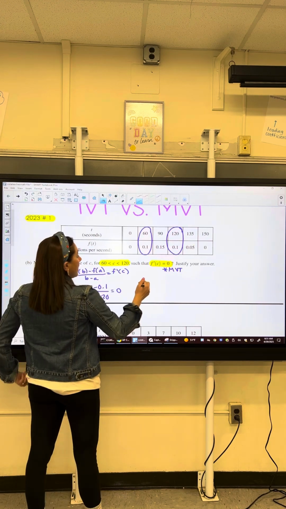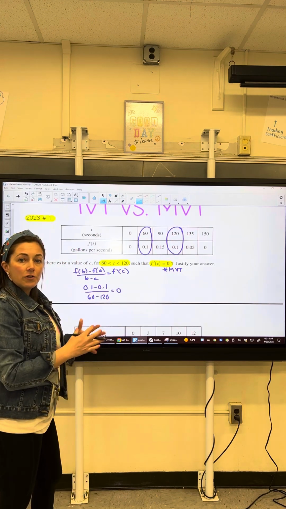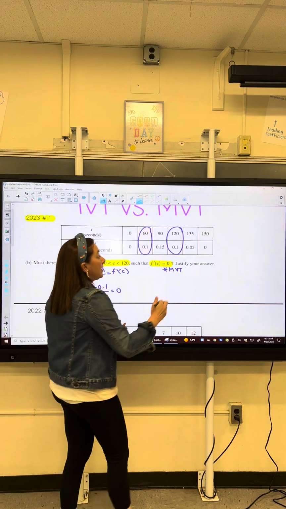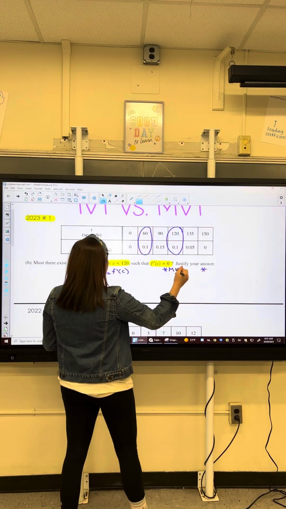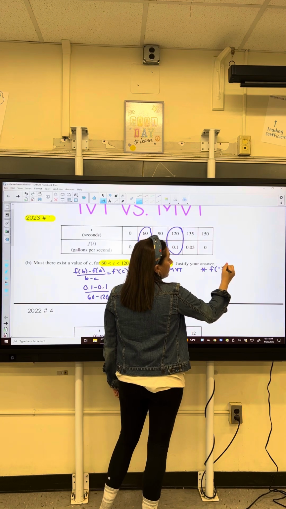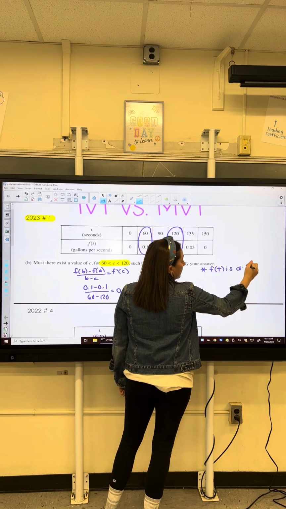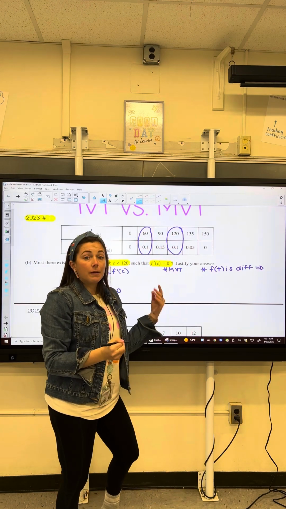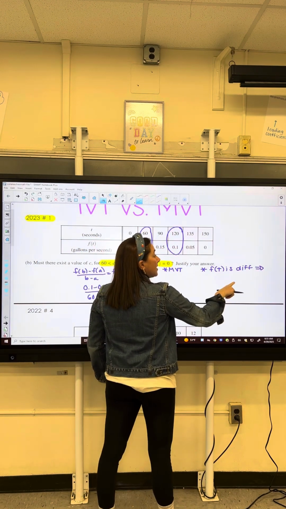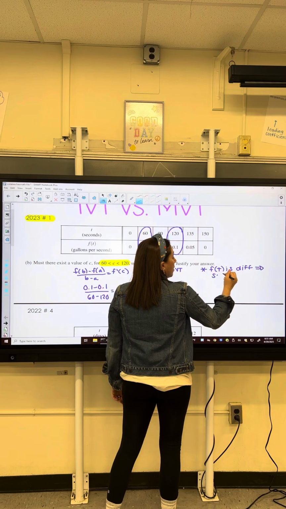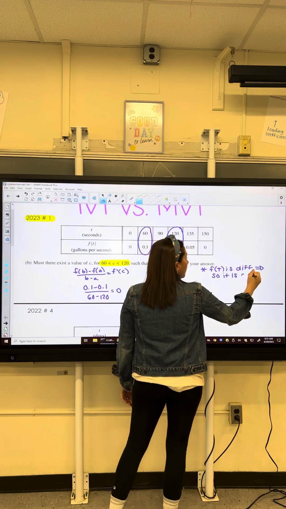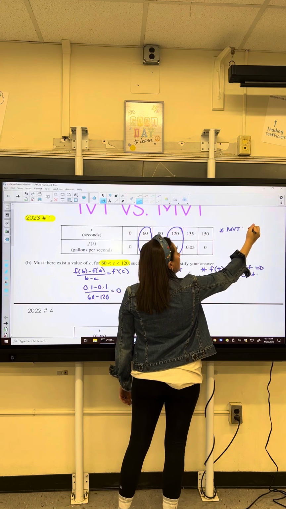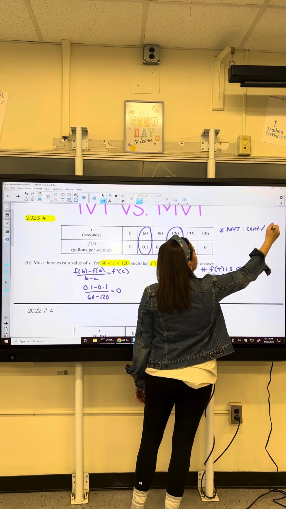Then you have to say, in order to use the mean value theorem, the function is continuous and differentiable. Usually the AP questions will say that the function is differentiable. So you need to say, because it's differentiable, it implies continuity. So f of t is differentiable, so it is continuous. Those are the prerequisites for the mean value theorem.